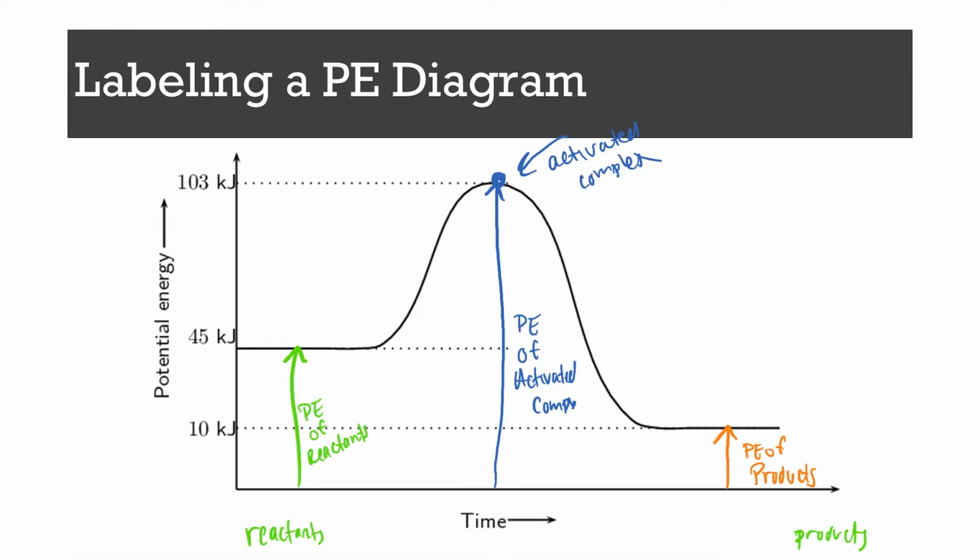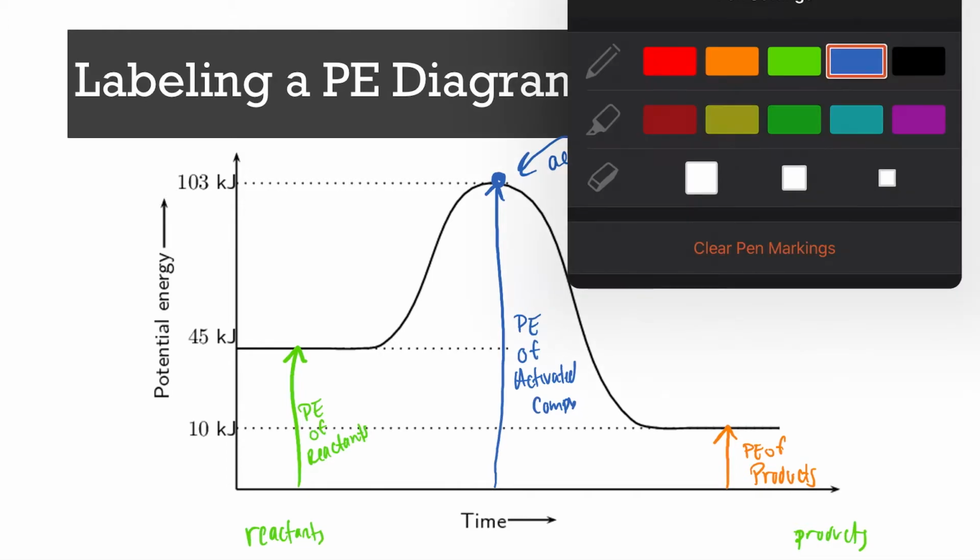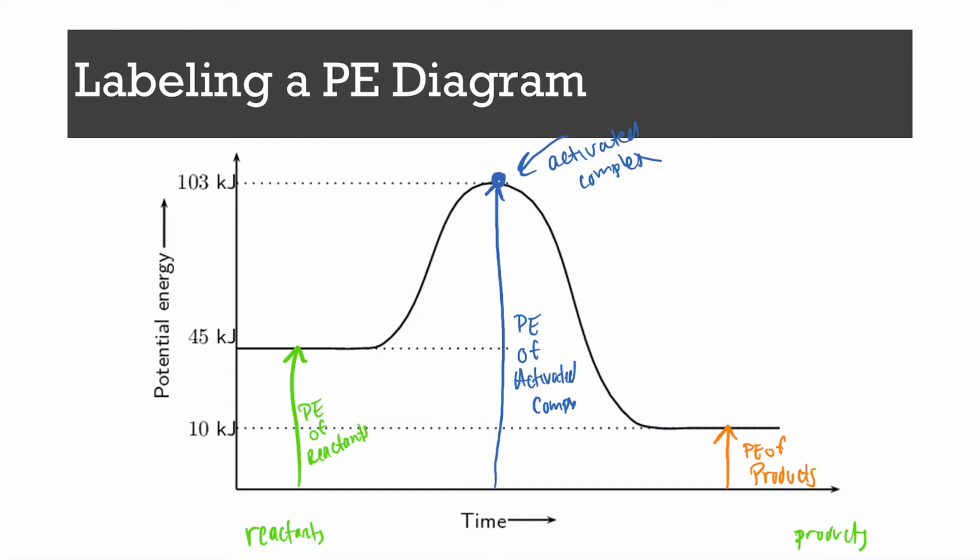Okay, so now we have a few more things we need to add. If you're starting here at this red spot and going up to the very top of it, this is your EA, or your activation energy. So the energy needed to go from where you start to that top part.